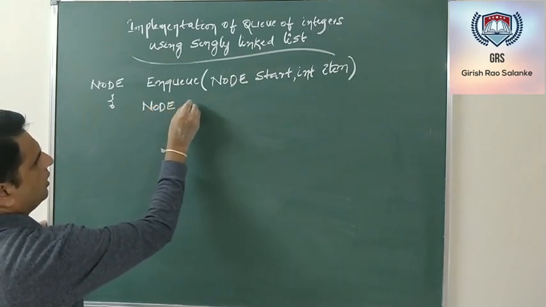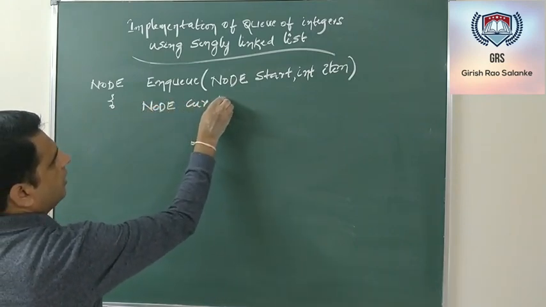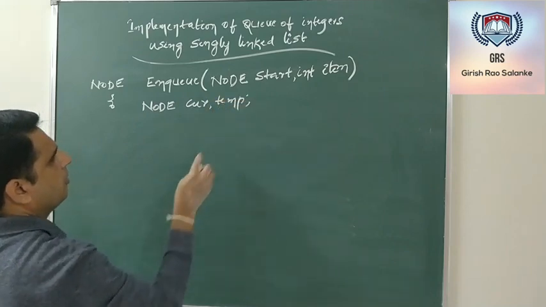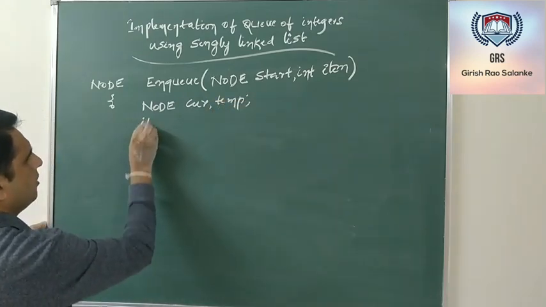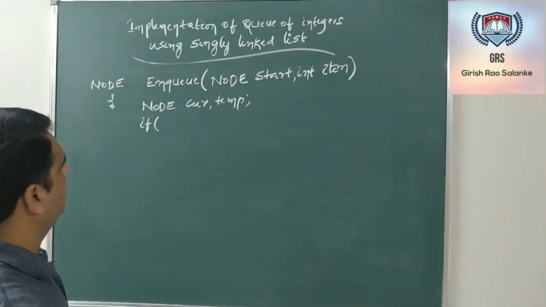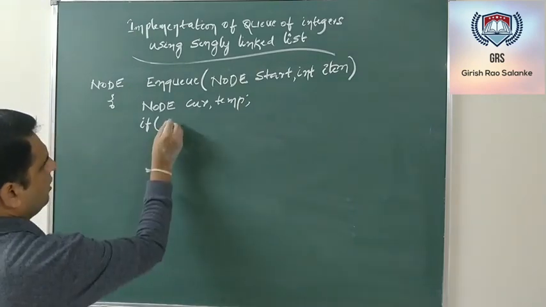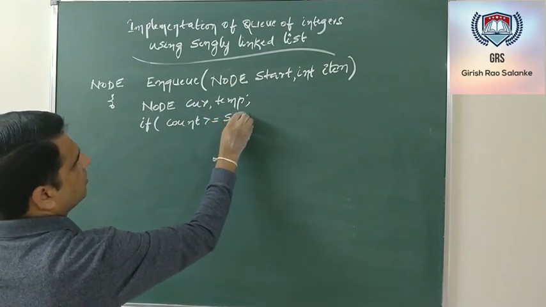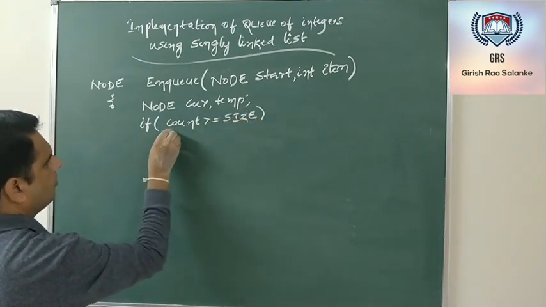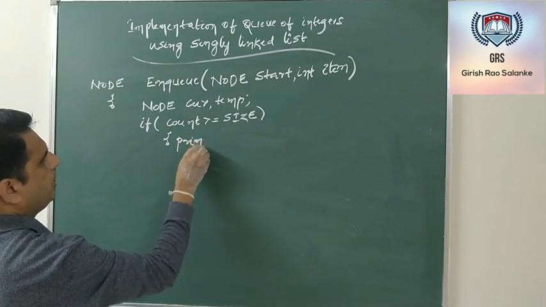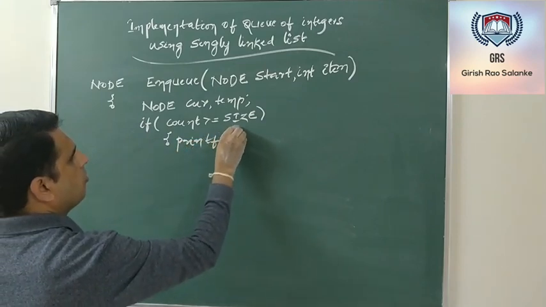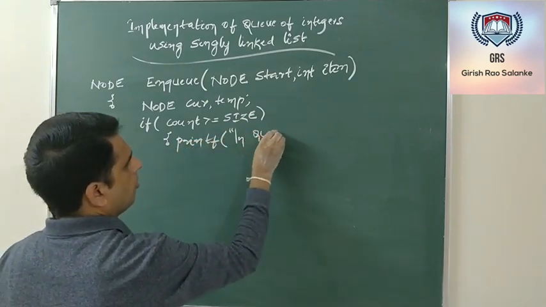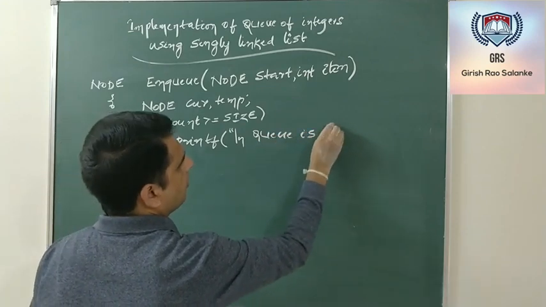Declare two variables of type NODE, one as current and one more as temp. Now before allocating memory for the new node temp, first check if count is greater than or equal to size. Printf queue is full.